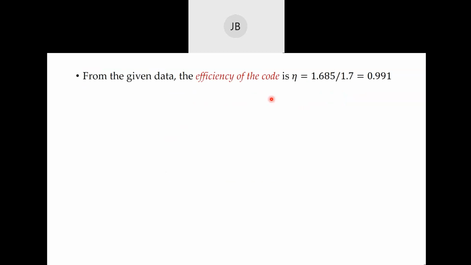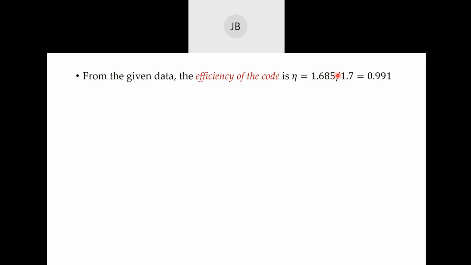From the given data, first we need to analyze the efficiency. The efficiency is equal to the entropy divided by the average code word length, H of X divided by L prime. That is the equation for efficiency.